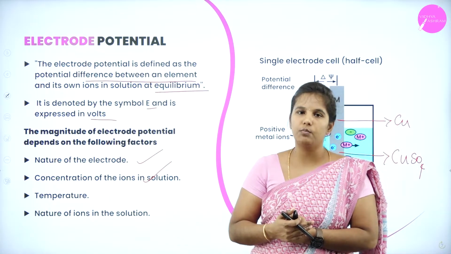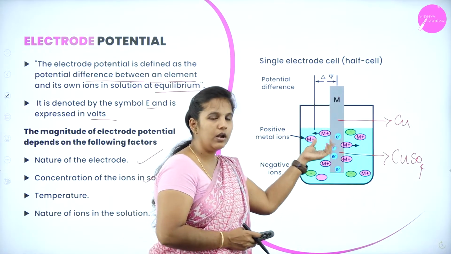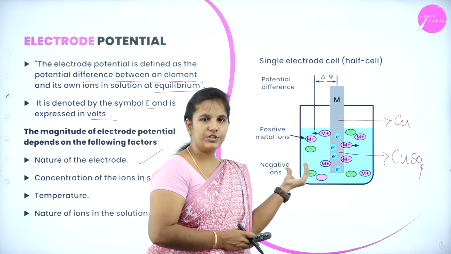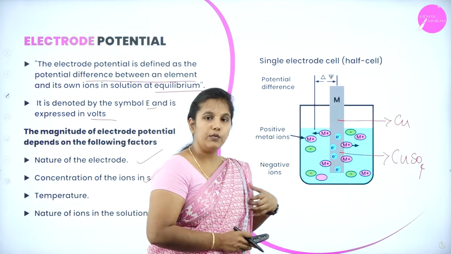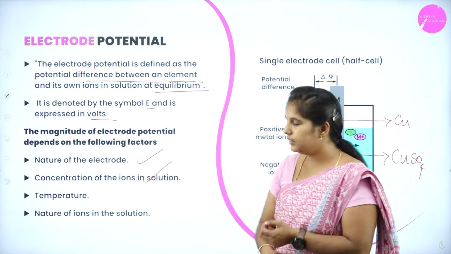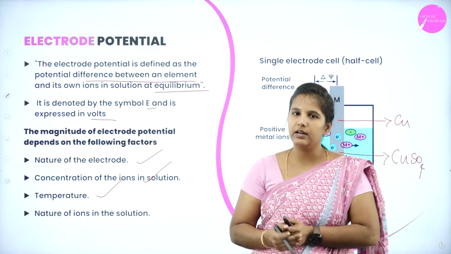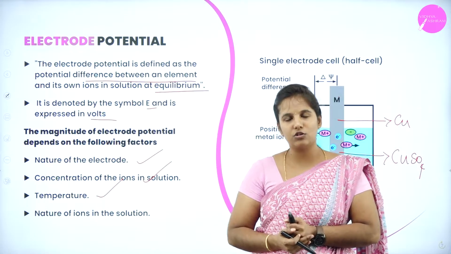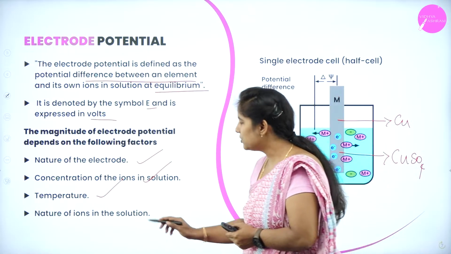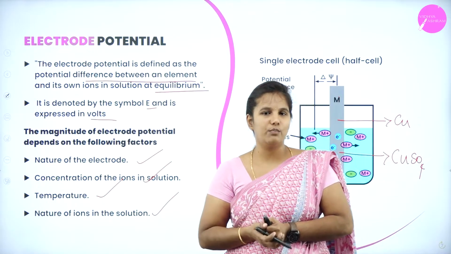That is also very important, because the potential difference mainly depends on the electrode and also on the ion which has been formed in the solution. Then temperature is another factor which affects the electrode potential, and the nature of the ions formed in the solution is also very important.